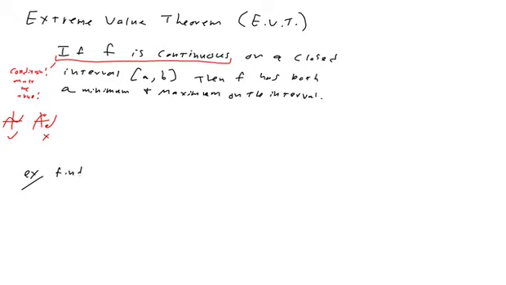Find the max and min, find the extrema, of the following function. f of x equals 3x to the fourth power minus 4x to the third power on the interval -1 to 2.